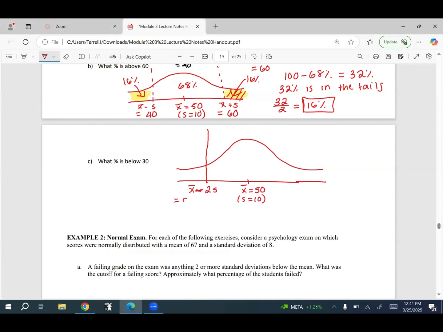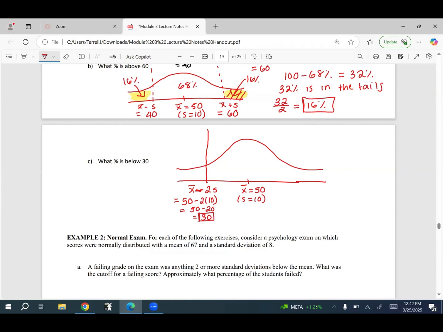If I calculate that, that's 50 minus 2 times 10, which is 50 minus 20, or 30. So I had to go 2 standard deviations. I'm in the center, and then I go 1 standard deviation away, which means 50 minus 10, that's 40. And if I subtract another 10, now I'm 2 standard deviations away, and that gets me 30.